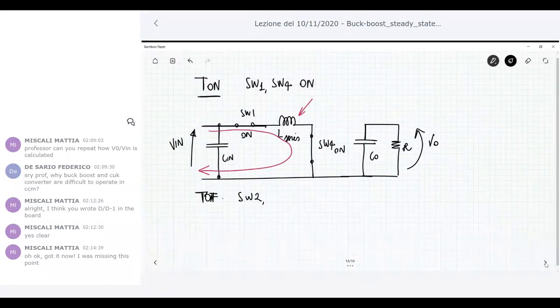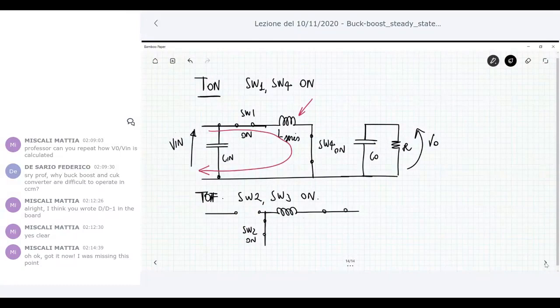During T off, we have that switch 2 and switch 3 are on, while switch 1 and switch 4 are off. So in that situation, let me redraw the circuit. Switch 2 on. This is an inductance. And switch 3 on.